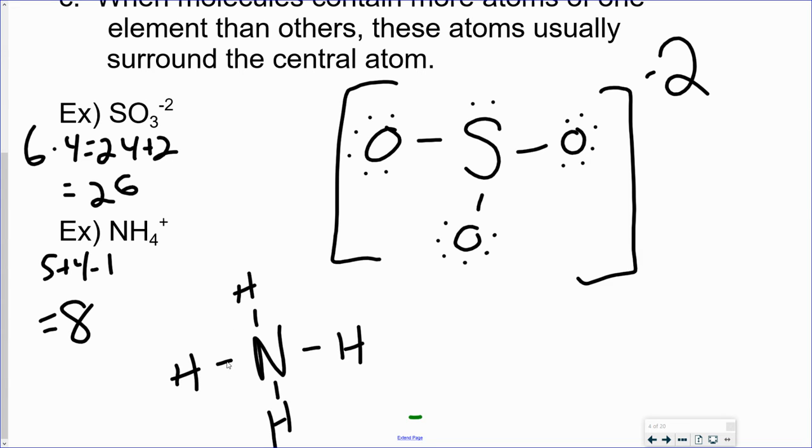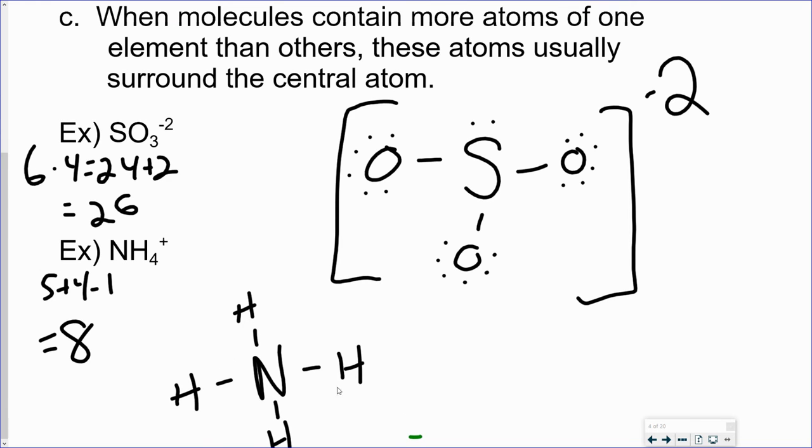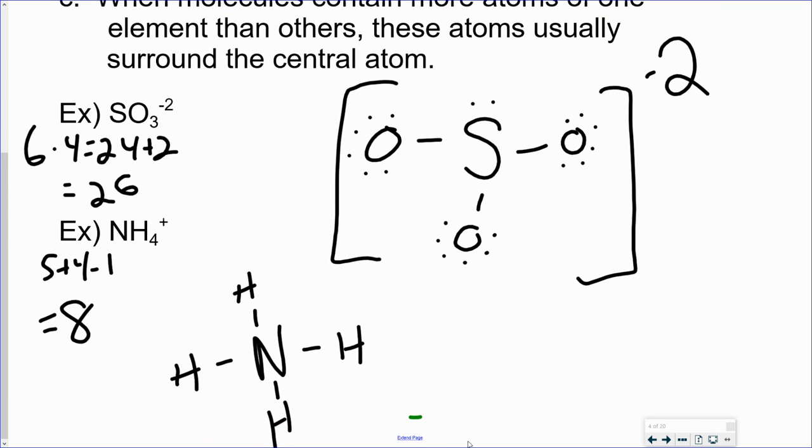By counting, we're going 2, 4, 6, 8. Everybody's happy because hydrogen only needs 2. And we're going to put in brackets and put a +1 charge. So it's not too difficult when we're dealing with ones that maybe don't need a double or triple bond.